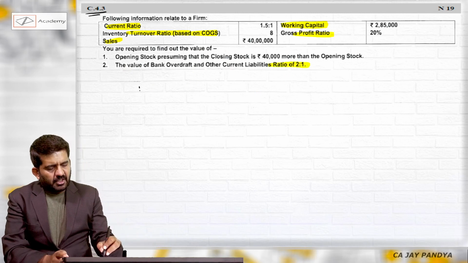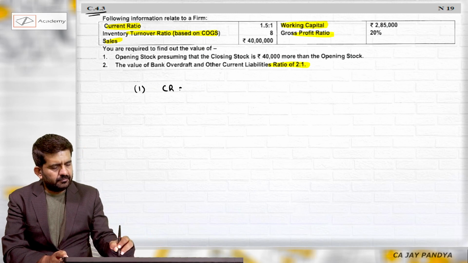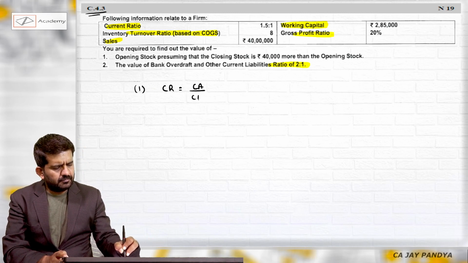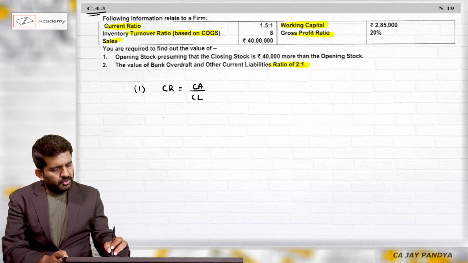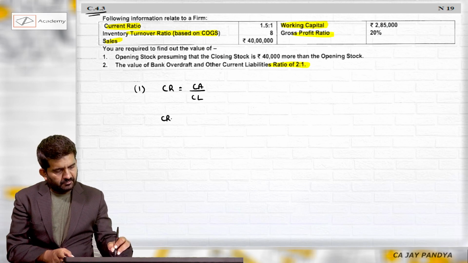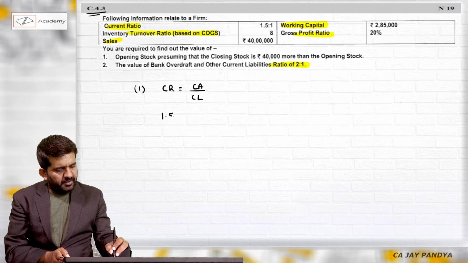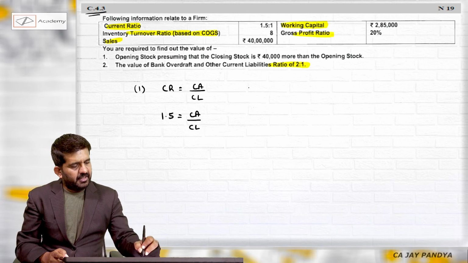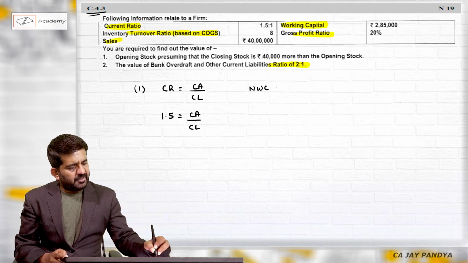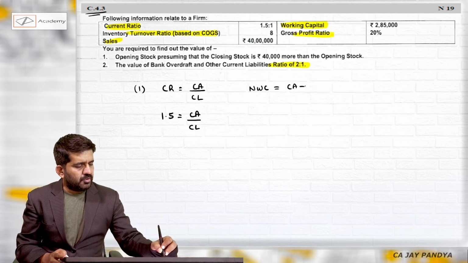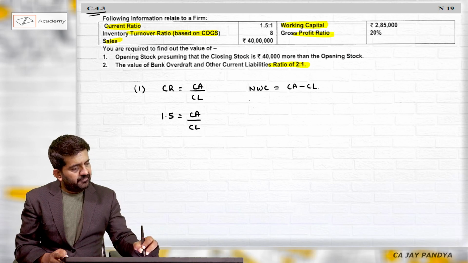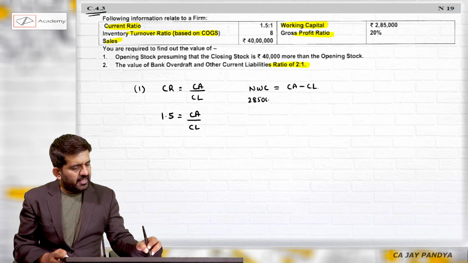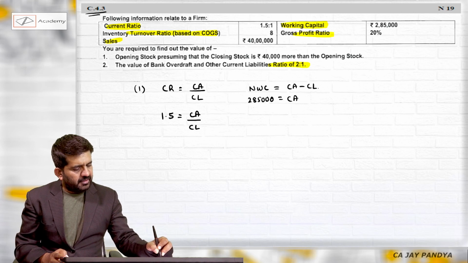So let us first start with current ratio. Current ratio is 1.5, equal to current assets divided by current liability. Simultaneously, net working capital is equal to current assets minus current liability. Net working capital is 2,85,000.